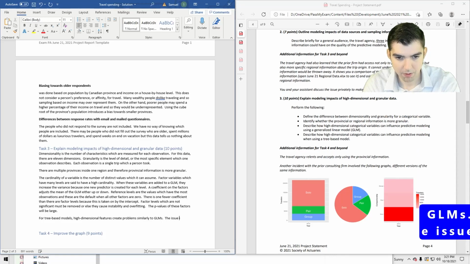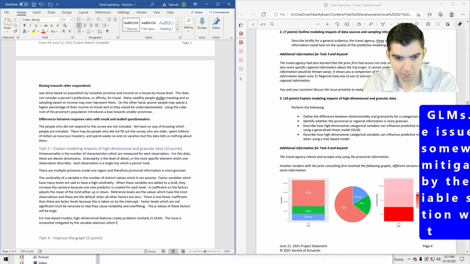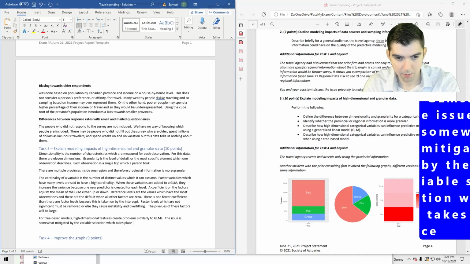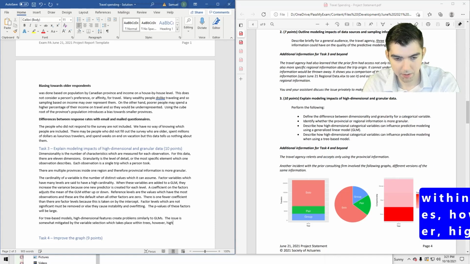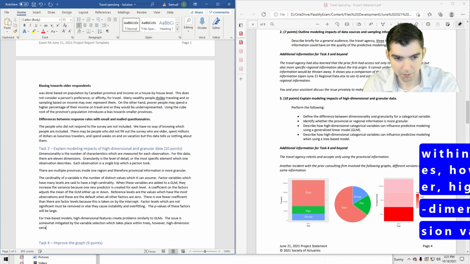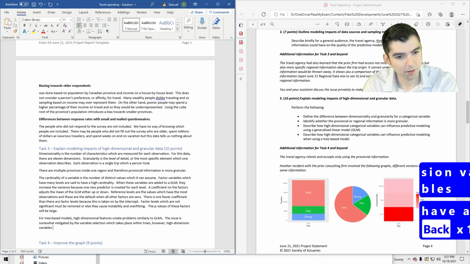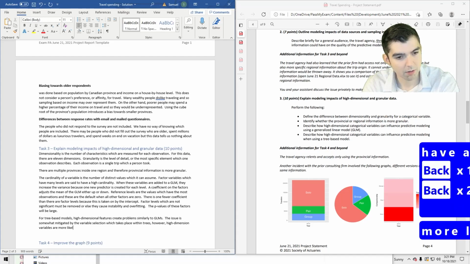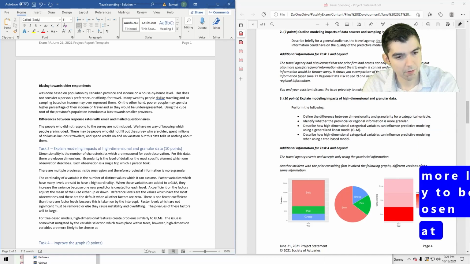The issue is somewhat mitigated by the variable selection which takes place within trees. However, high dimension variables have a tendency, what do? They steal, or they are more likely to be chosen at each split.